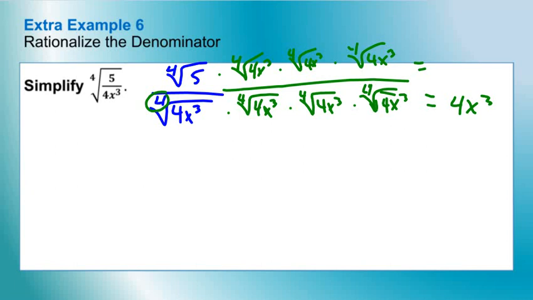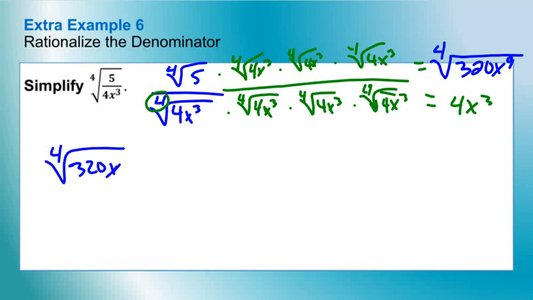This is going to give me the fourth root of 4 times 4 times 4 is 64. 64 times 5 gives us 320 x to the 9th. So now I can simplify the fourth root of 320 x to the 9th over 4x to the 3rd.